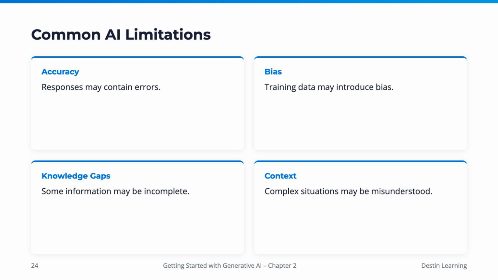Since AI models learn from existing data, any biases within that training data can be inadvertently introduced and perpetuated in the AI's outputs. Knowledge gaps are another limitation, meaning some information provided by AI might be incomplete or lack the most current data. Finally, AI can sometimes struggle with CONTEXT, potentially misunderstanding complex situations or nuances that a human would easily grasp.